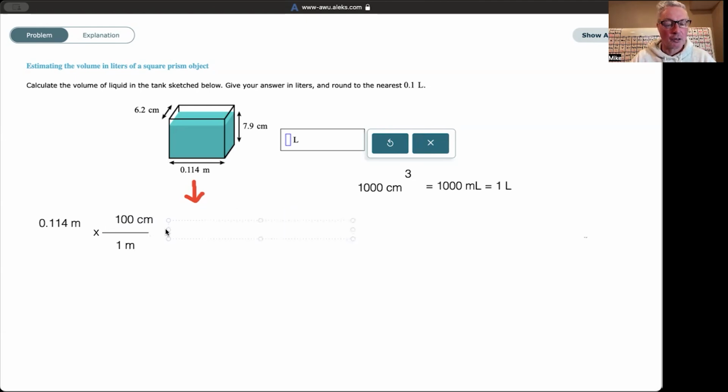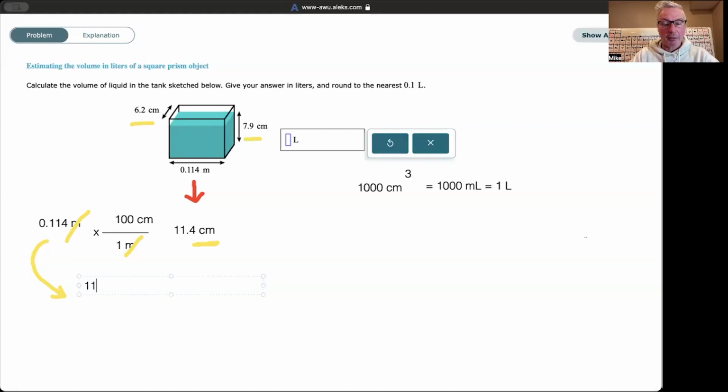So then this would be 11.4 centimeters, because I didn't cross them out in the last example, we did convert out of meters into centimeters, and the retaining units are centimeters. There's our 3 dimensions. Now, if we just multiply them by each other 3 times, we will be golden.